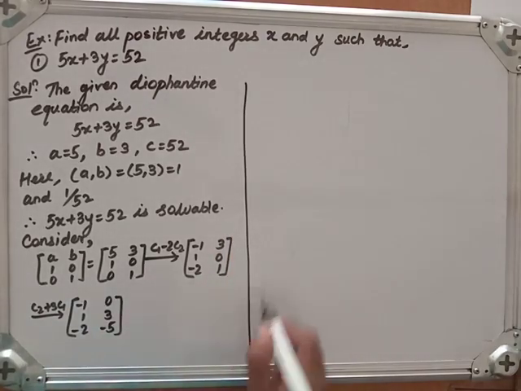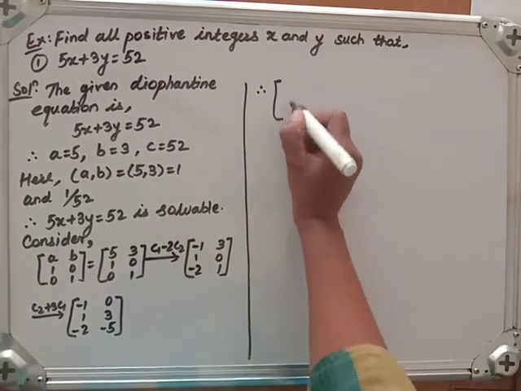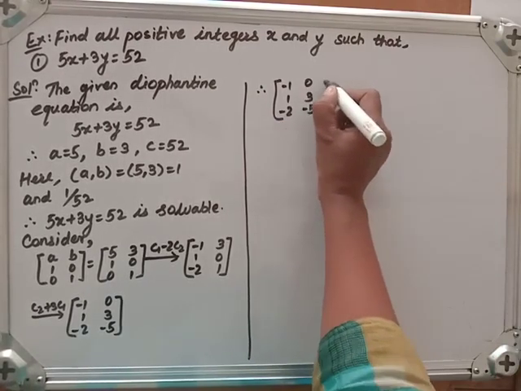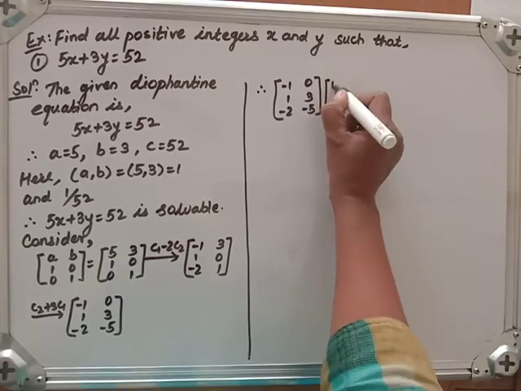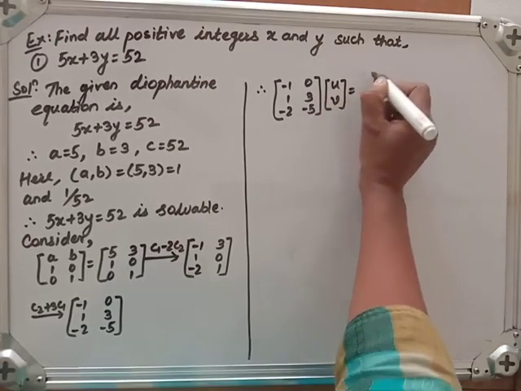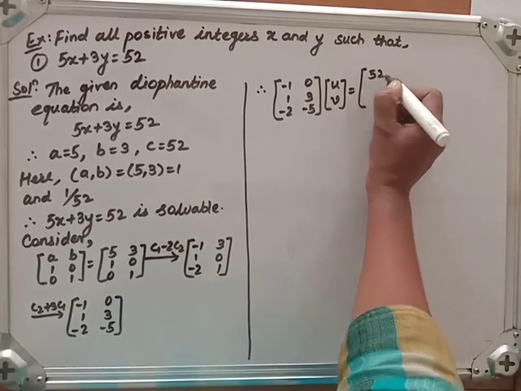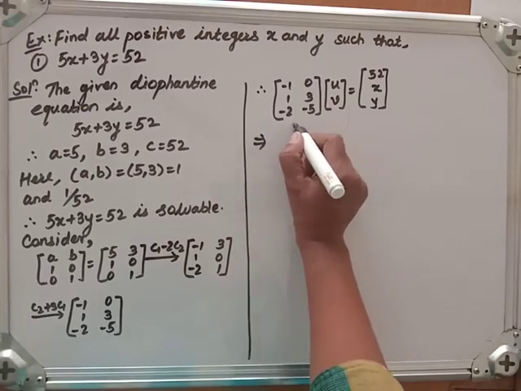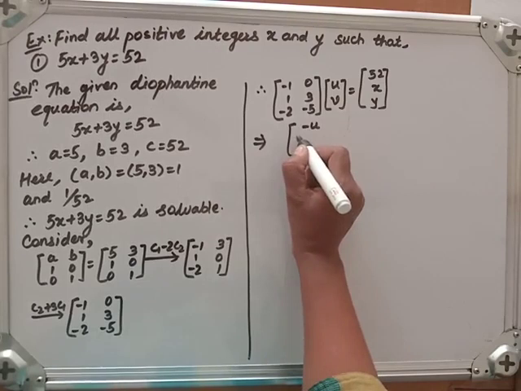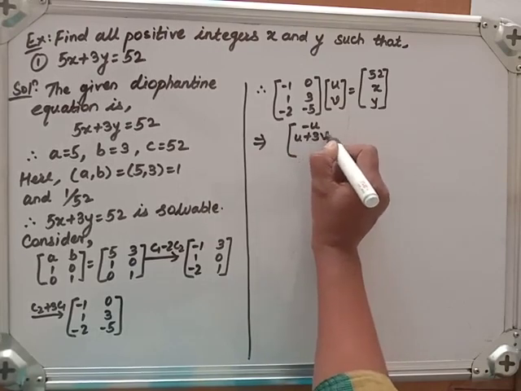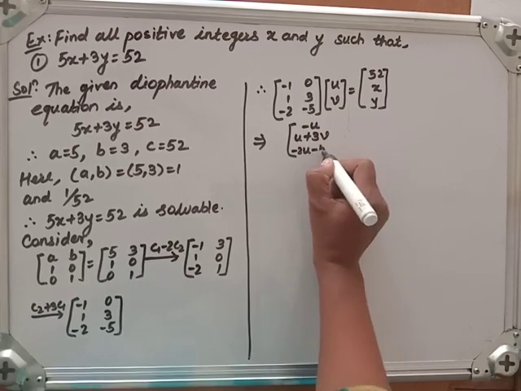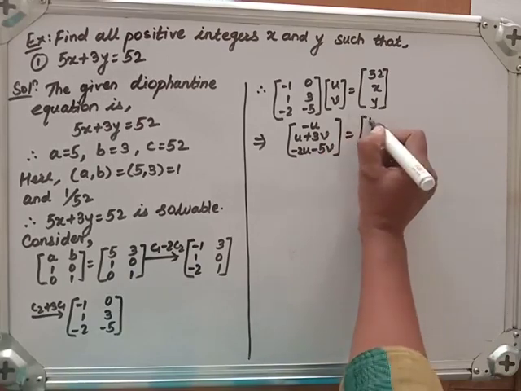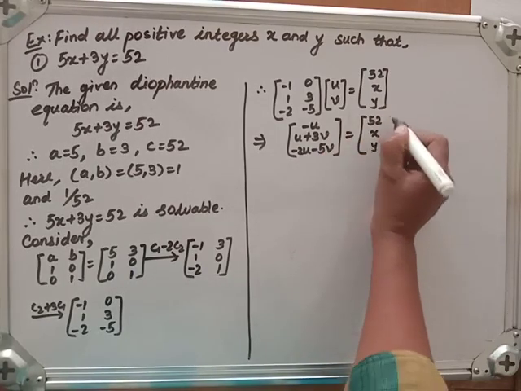Therefore, we get the system minus 1 0, 1 3 and minus 2 minus 5, multiplied by u and v, equal to 52, x and y. So this gives minus u plus 3v, minus 2u minus 5v, equal to 52, x and y.